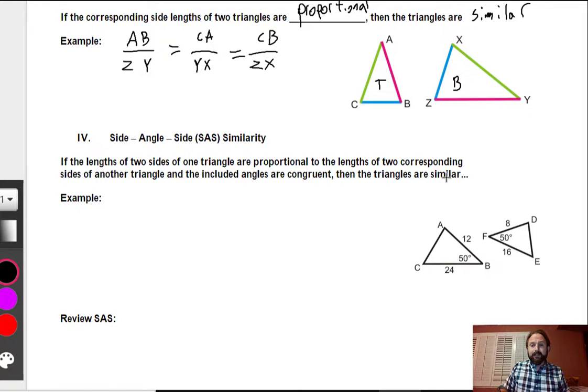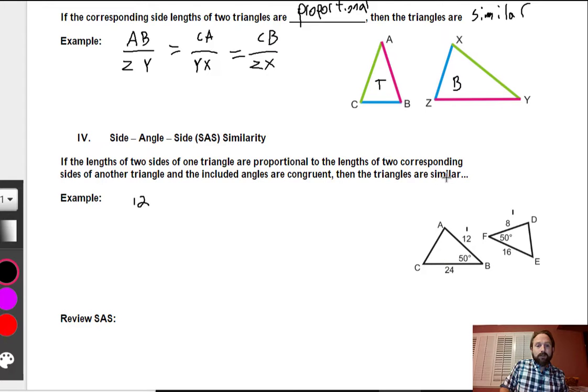But what this is saying is, hey, look, we're going to take two triangles, and we're going to take one side, the angle between, and the other side, and we're going to see, let's see which is the small side. Small. This is small. This is small.